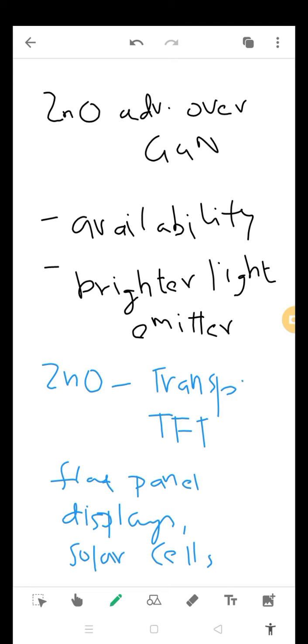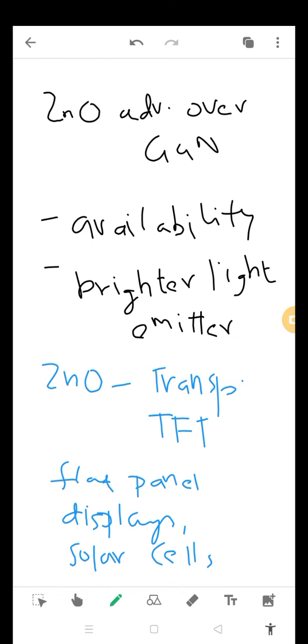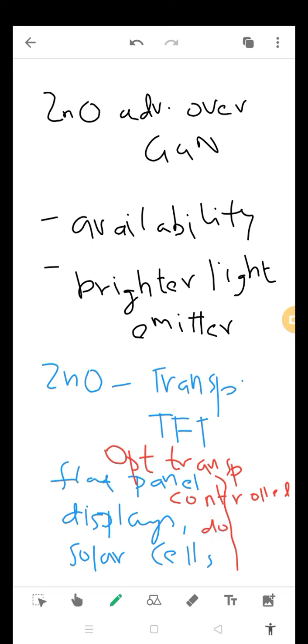And the reason why zinc oxide is preferred in these areas especially is due to the optical transparency that it has, and controlled doping is possible in zinc oxide, which leads to easy tuning of properties.